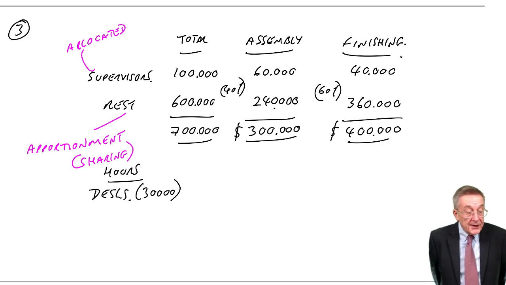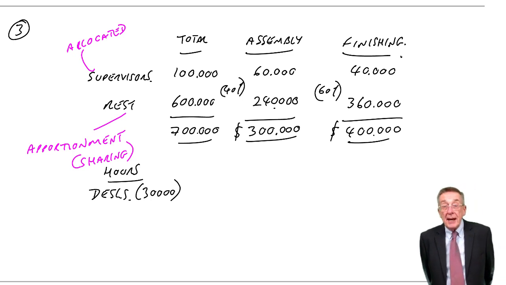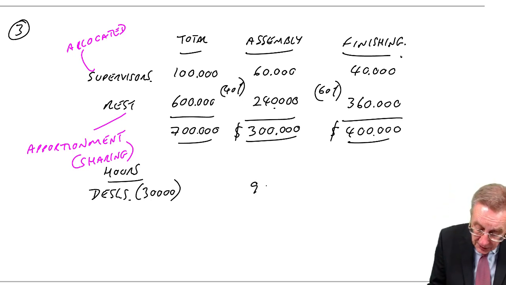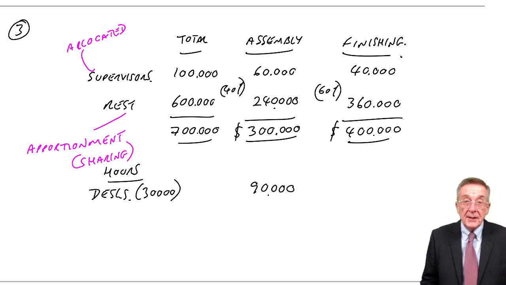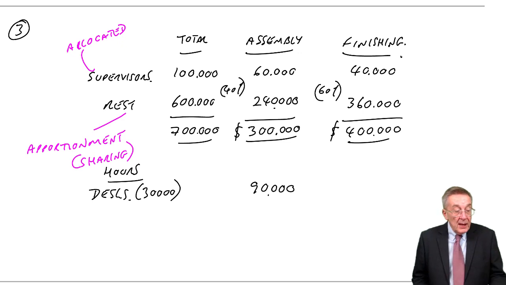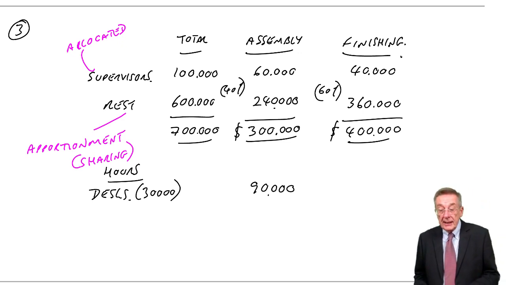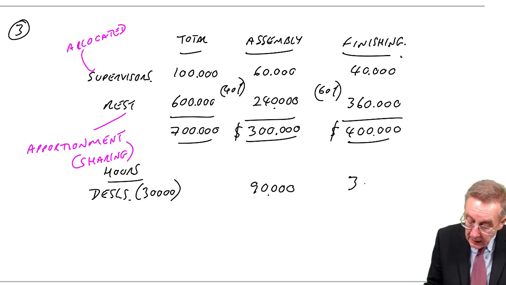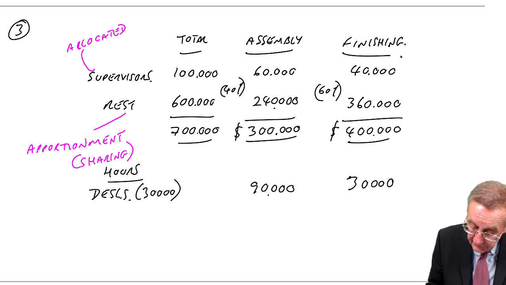And if you look back, it says they spent 3 hours in assembly. So 30,000 at 3 hours, they spent in total 90,000 hours in assembly. They spent 1 hour in finishing. Well, 30,000 desks, 1 hour, it'll be 30,000 hours in finishing.